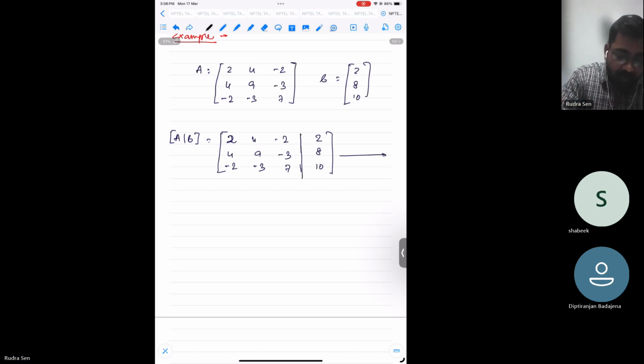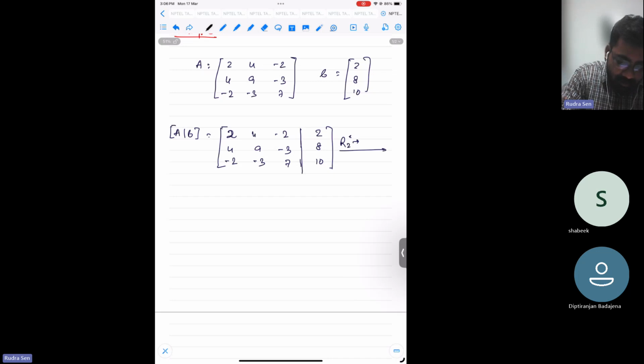Okay, so we do this. We need to change R2 to something like R1 minus half R2, I guess, and R3 prime is R1 plus R3, and then we get this 0.